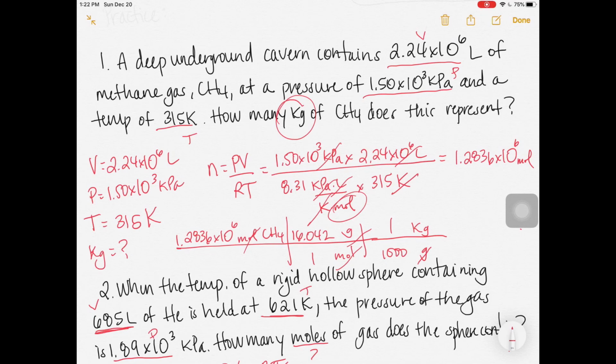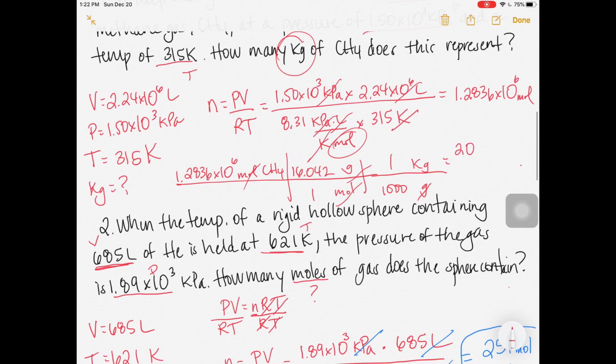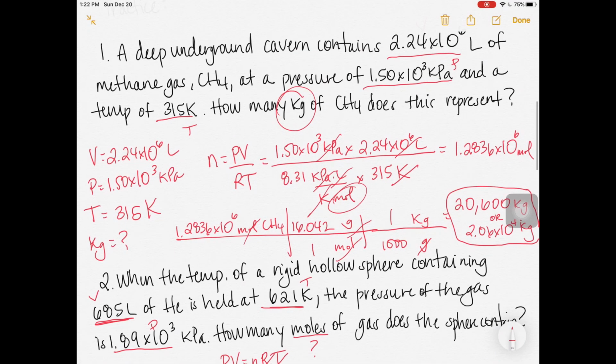So to 3 sig figs, we get 20,600 kilograms, or of course you could write it in scientific notation. It's a big amount of CH4, but it does make sense because this was a huge cavern, the volume was huge, and so we would expect a big number.